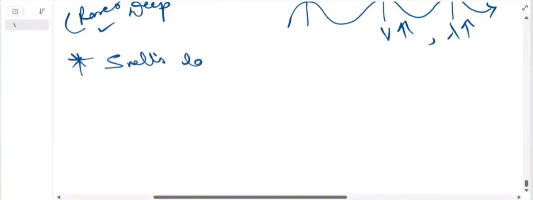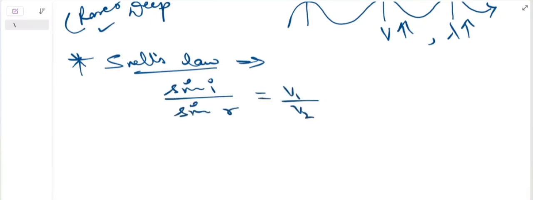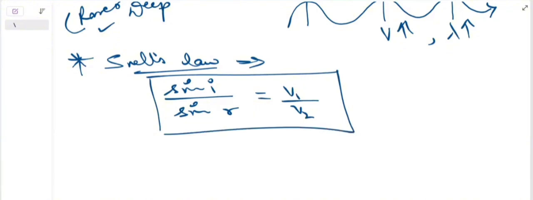So as per Snell's law, sin i over sin r is equal to v1 over v2. Done? Any doubts in this? No, ma'am. So from here you can find it out.